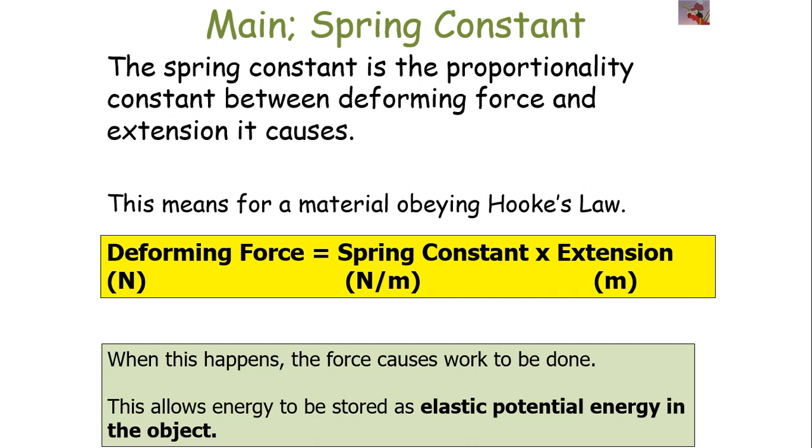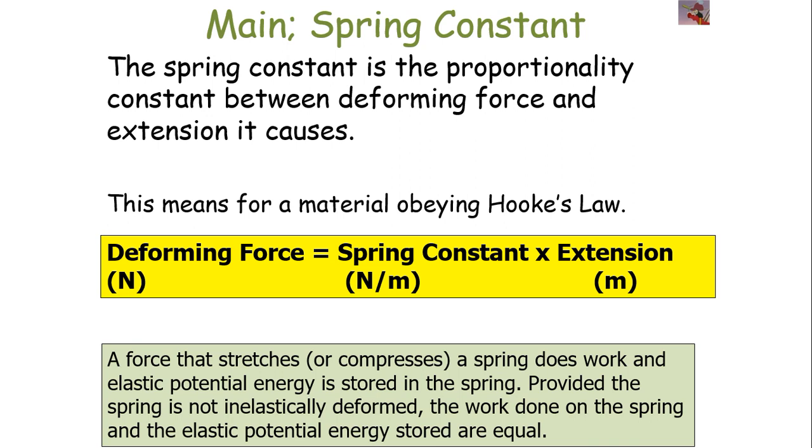Now, when this happens, this deforming force causes work to be done. So this allows energy to be stored in the object as elastic potential energy. So a force that stretches or compresses a spring will do work, and it turns the object into an elastic potential energy store. Now, provided the spring is not deforming inelastically, the work done on the spring and the elastic potential energy stored in the spring are equal to each other.